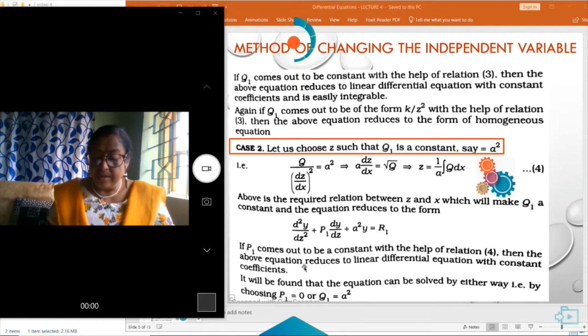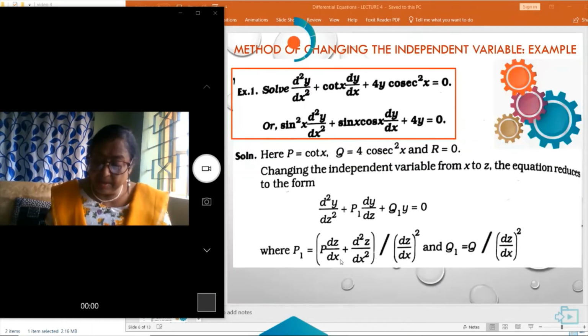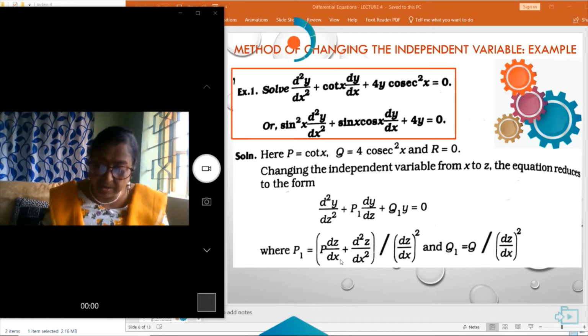Now take an example here. Solve d2y by dx square plus cot x dy by dx plus 4y cosec square x is equal to 0. Here p is equal to cot x, q is equal to 4 cosec square x and r is equal to 0.